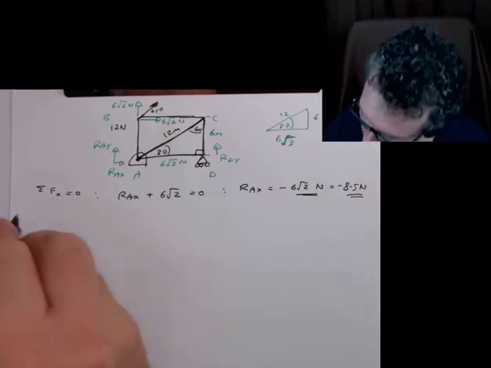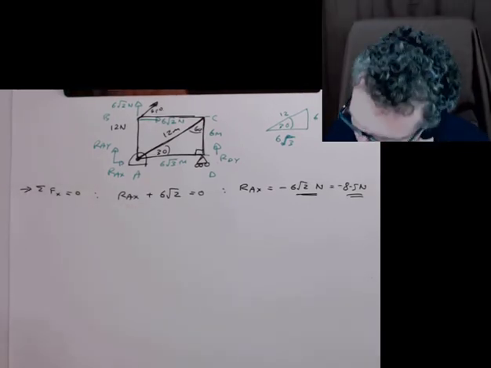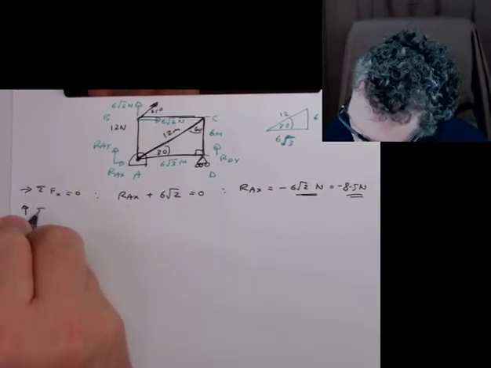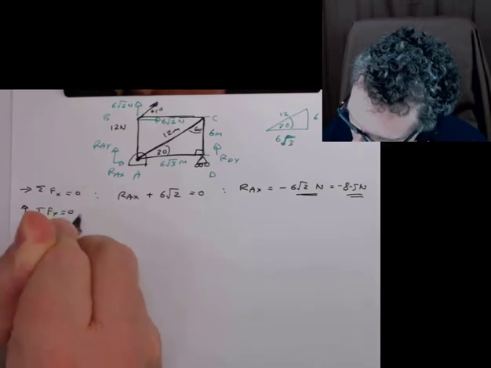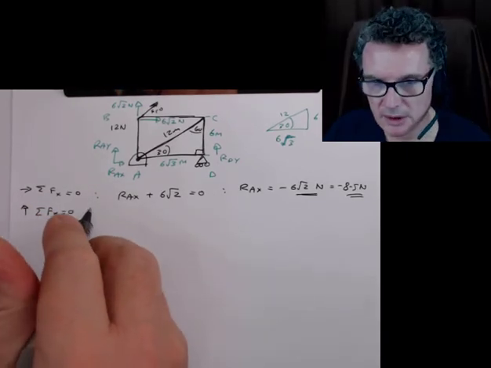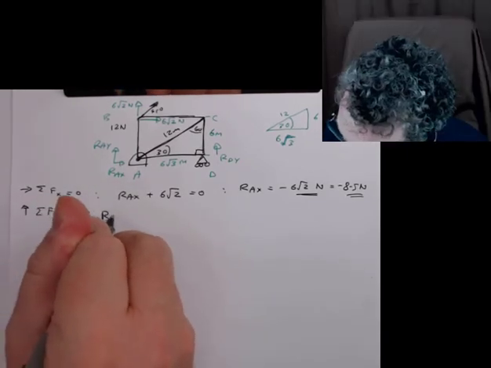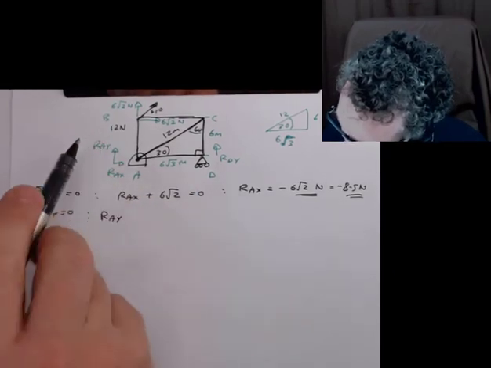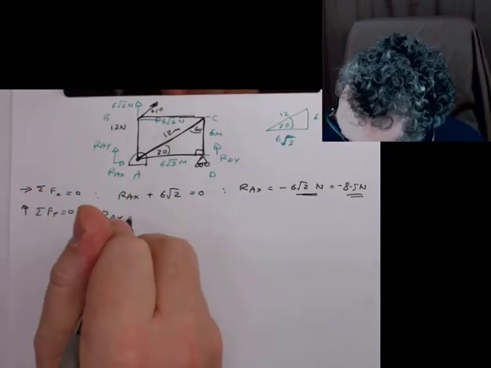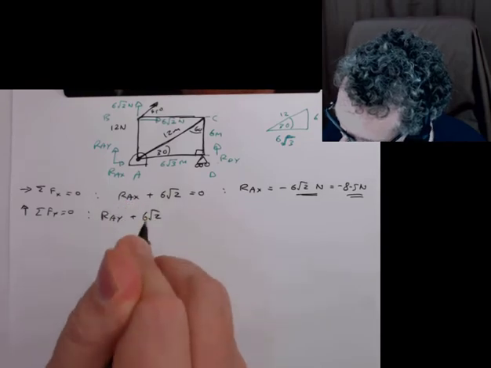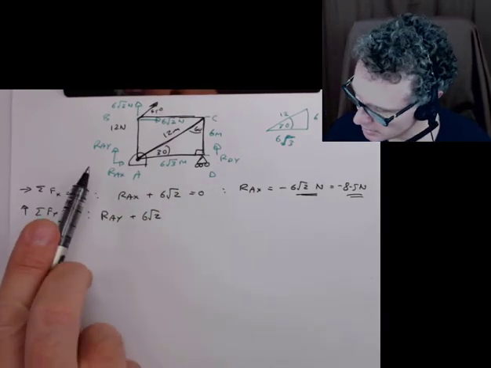We've gone left to right, now let's go upwards. Let's add up our forces going upwards. That's going to give us RAY going upwards. I've split up my force, so that's going to go upwards 6 root 2. What else have I got going upwards?